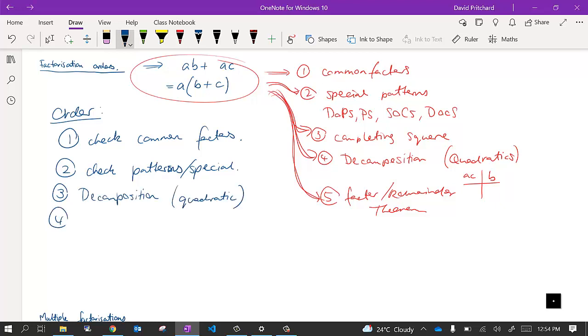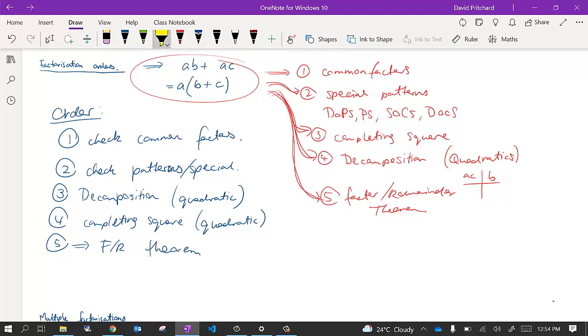Fourth step is that we can try completing the square. Again, it needs to be a quadratic if we're going down this path. And then finally, if none of that works, then we can look at applying the factor remainder theorem and polynomial division. Now, the big thing for you is mostly going to be these first couple of steps, making sure you first look for common factors and then you check for any special patterns. If you can do that, then that'll get you through the majority of the questions that you can be asked.